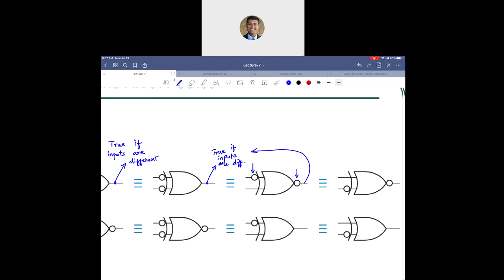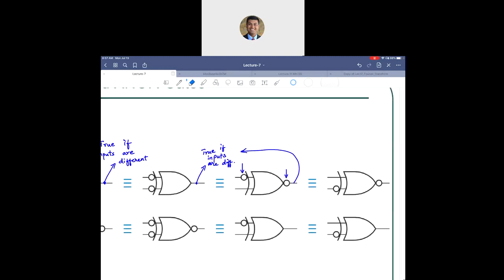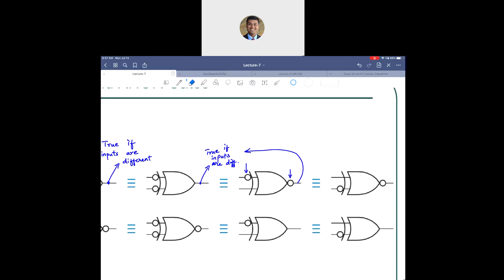So it is like saying true if inputs are different. You guys see that? Last one. It doesn't really matter which input you flip. If you flip the first one or the second one, now this becomes an equality detector. So I need to flip the output as well to keep it as the inequality detector.